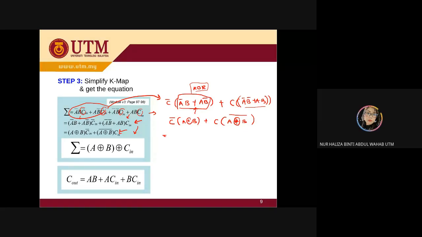Okay. So that's why after that you can simplify this. You can see this is another one, which is A bar B plus A B bar. This is exclusive OR. So this will be your A, this will be your B, this will be your A, this will be your B. So that's why you have another exclusive OR using the following. A is C bar, B is A plus B, and this one.